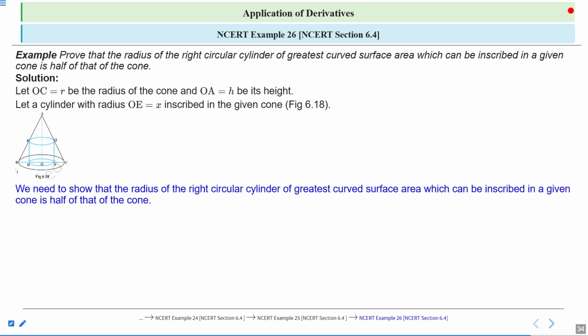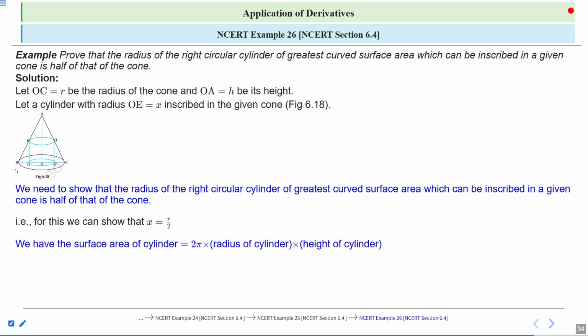We need to show that the radius of the right circular cylinder of the greatest curved surface area which can be inscribed in a given cone is half of that of the cone. That is, for this we can show that X is equal to R by 2, right?